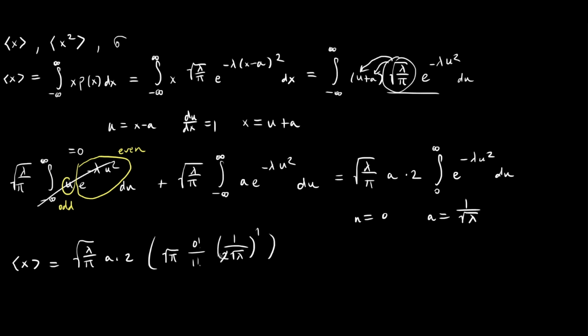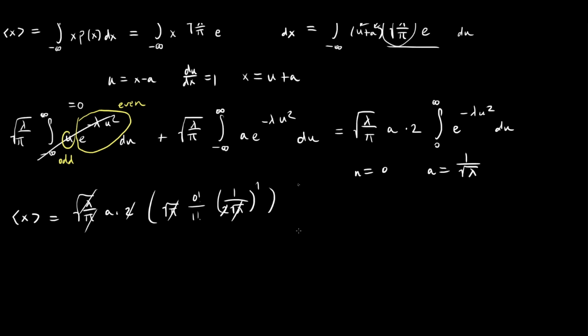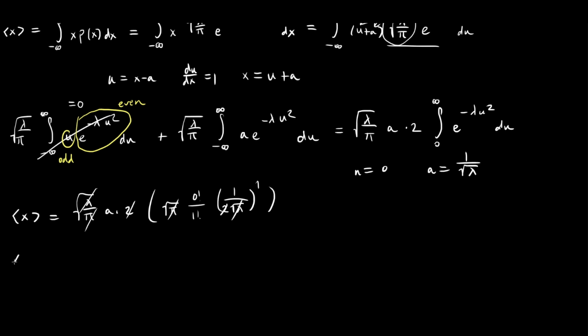So we see that many things cancel. These 2's cancel, these pi's cancel, these lambdas cancel, and what we eventually get is that the expectation value of x is just equal to a.